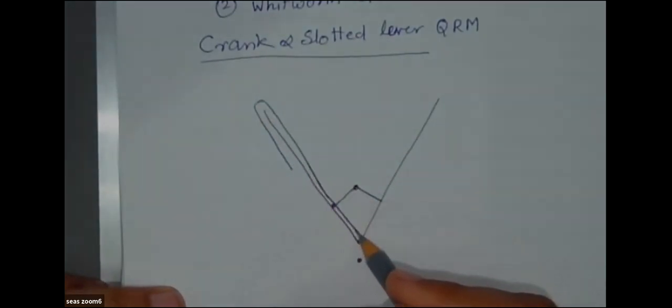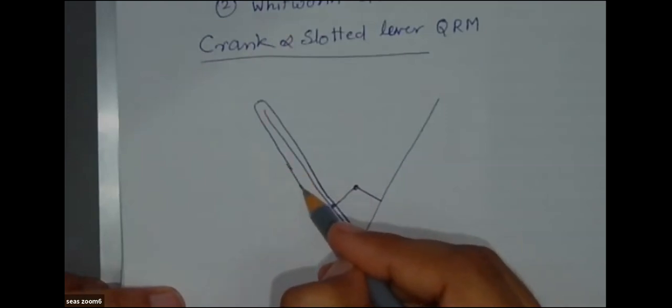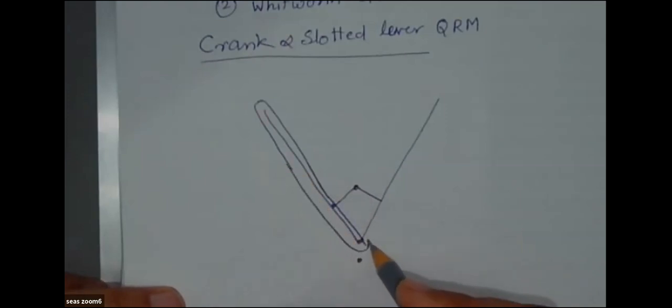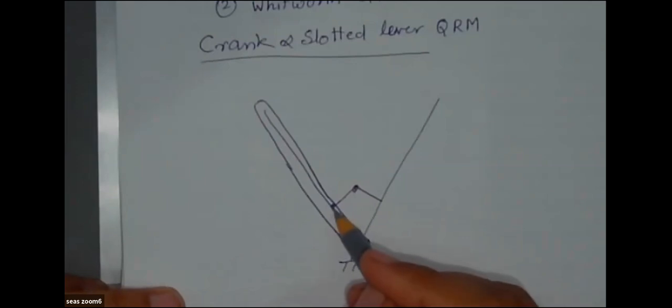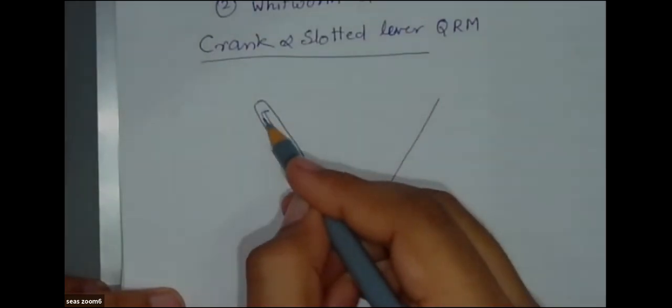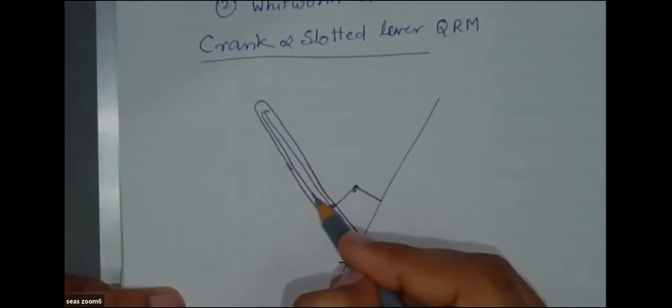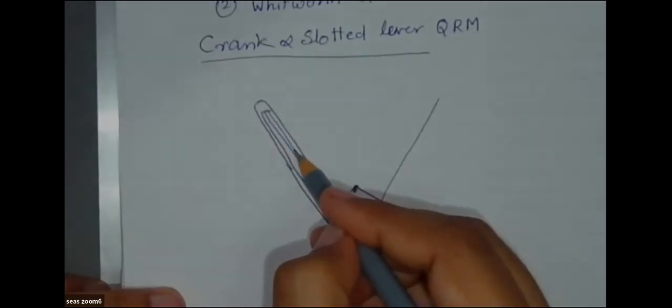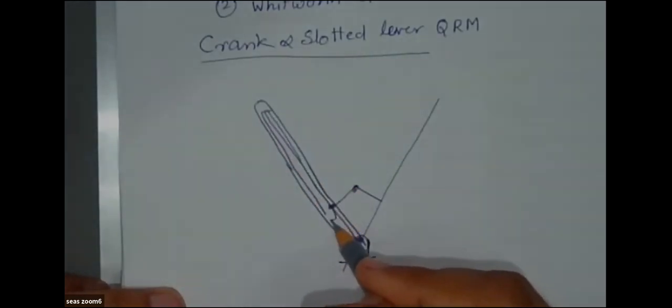This is a slotted lever. This slotted lever is fixed here, and this is the crank which moves in this slot here. Now, there is a slot in this lever, and that is why this mechanism is called crank and slotted.